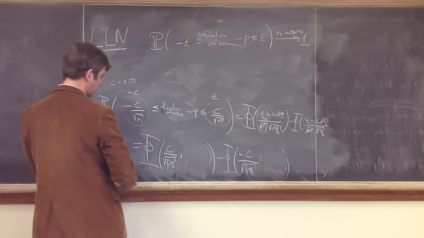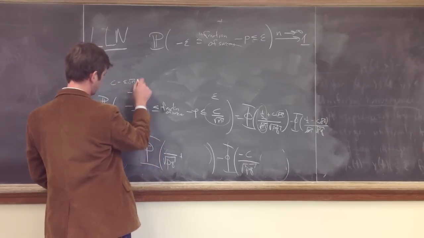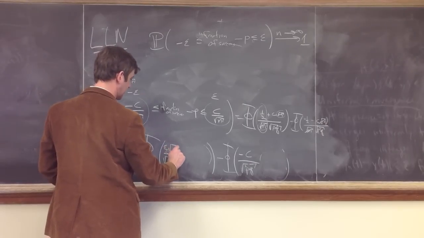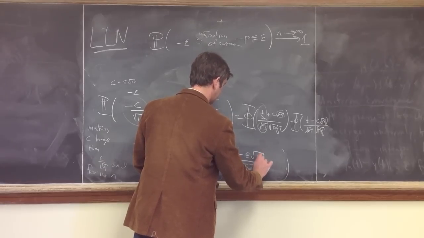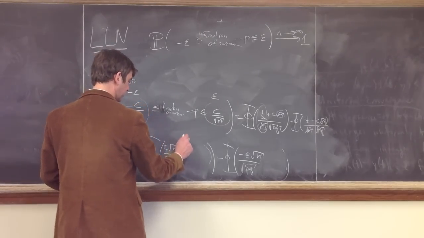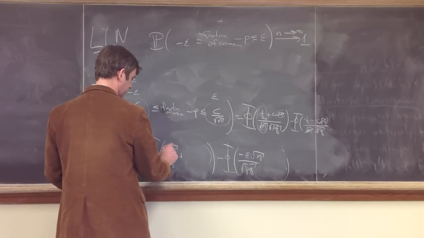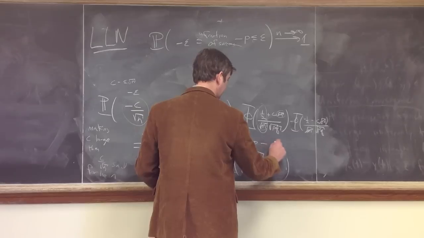Solving for c, we have epsilon square root of n here and epsilon square root of n there. As n gets bigger, this goes off to plus infinity, and this goes off to minus infinity.